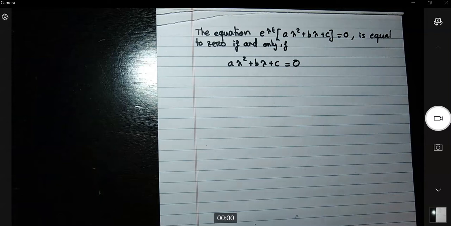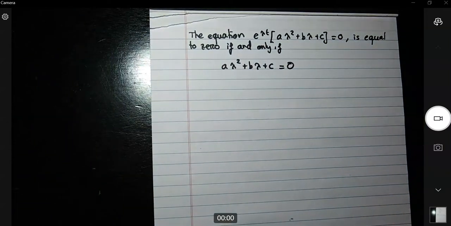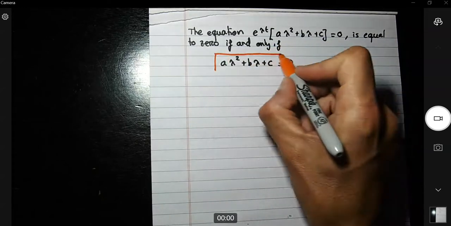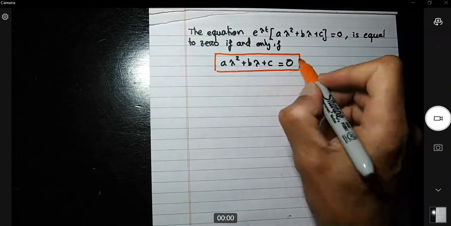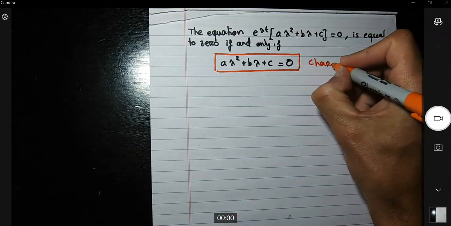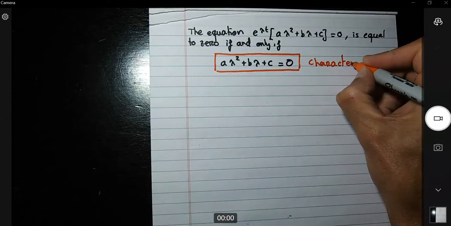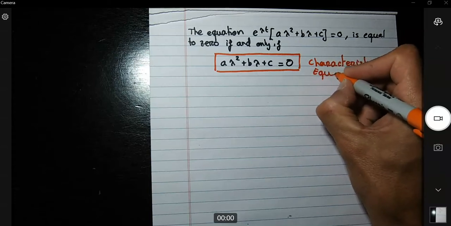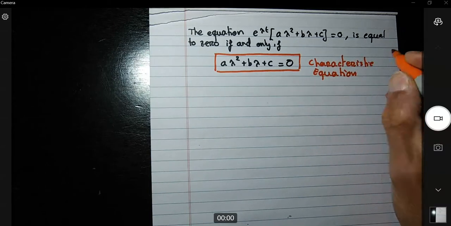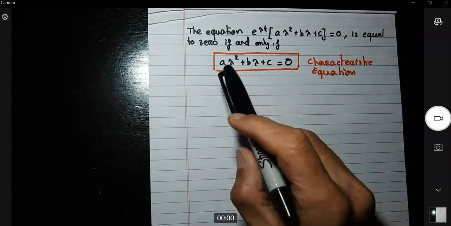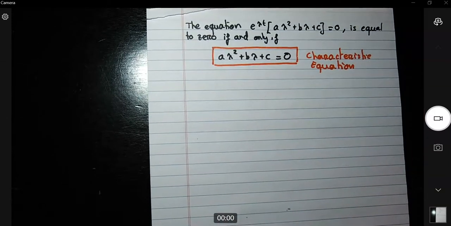Okay? And this equation over here is what is generally called the characteristic equation. Okay, so basically this will be equal to 0. We need to solve for the roots of this quadratic equation.